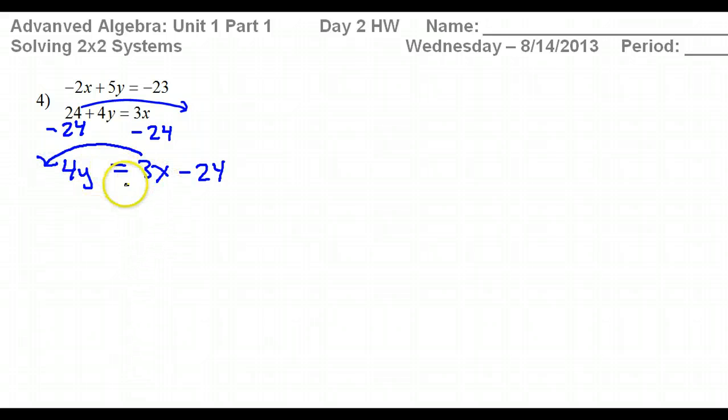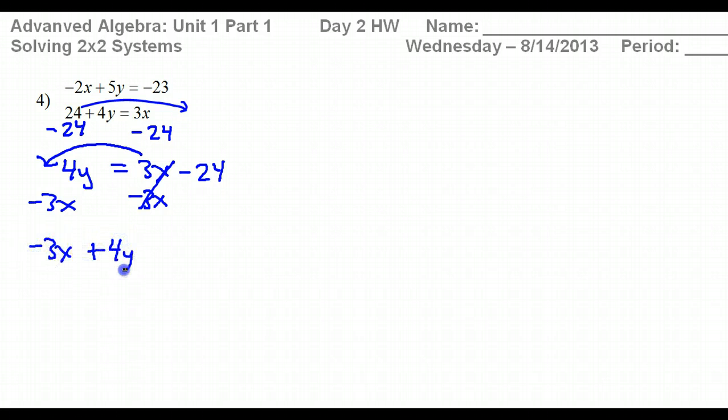And again, I can't just move it, but I can subtract it. So I could do minus 3x on both sides. That way those would cancel out. So now I would have negative 3x plus 4y is equal to negative 24. Okay, so this is the new version of this equation. This is the one we're going to use.